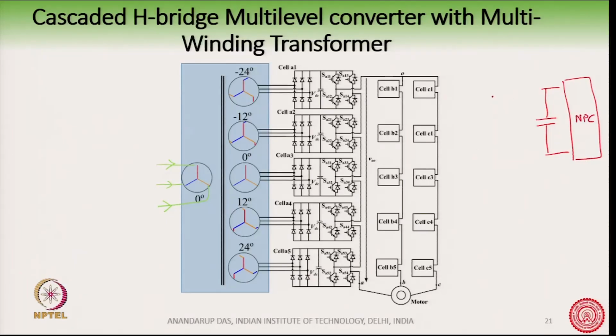We can make a star-delta transformer with rectifiers and make a connection like this, such that the input current, this current here, has substantially lower harmonics. This is possible.